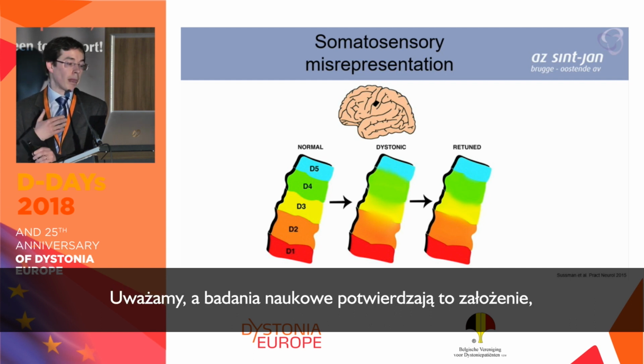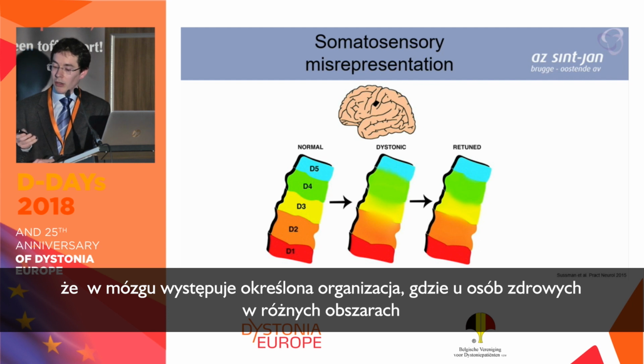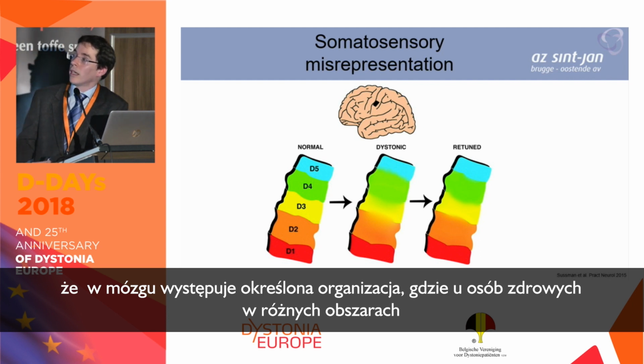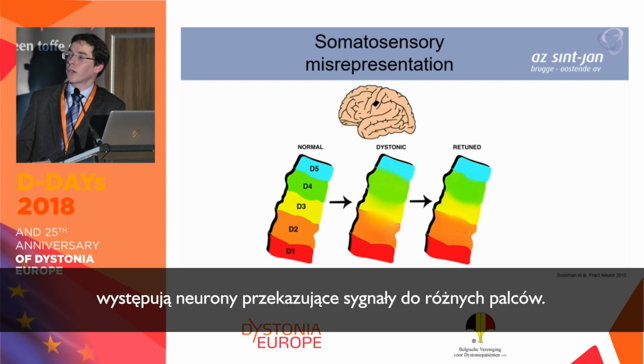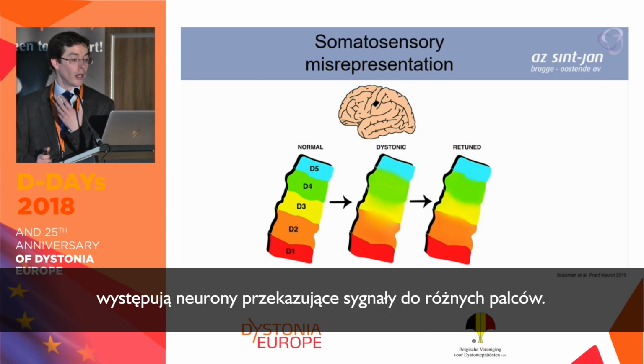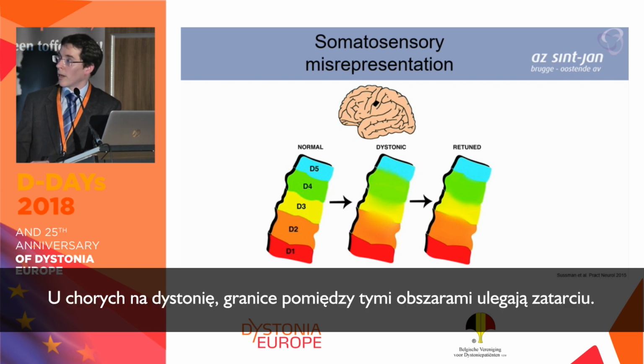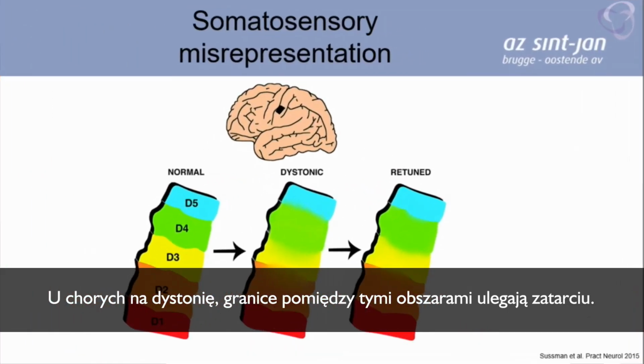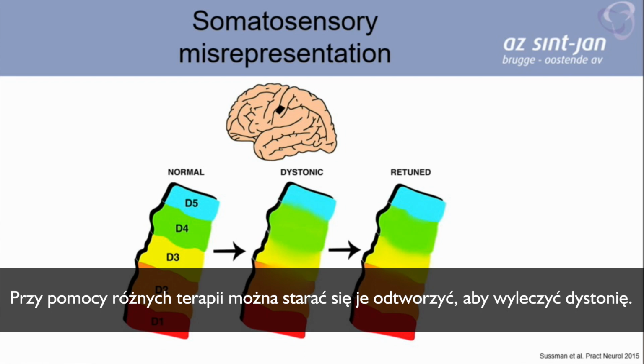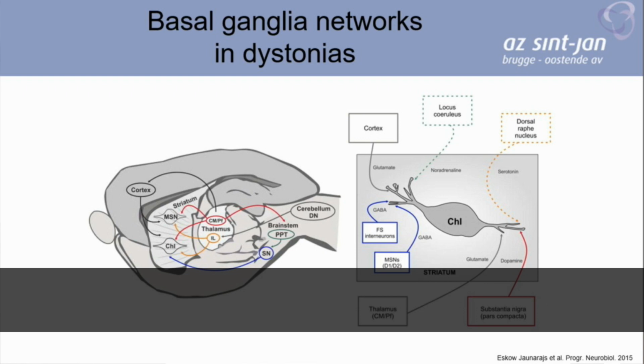It has been shown in research that the organization in the brain, where, for example, in normal subjects you see different areas where the neurons are that give signals to different fingers, the borders between these areas become more blurred in a patient who has a dystonia, and with different treatments you can try to retune it to solve the dystonia.